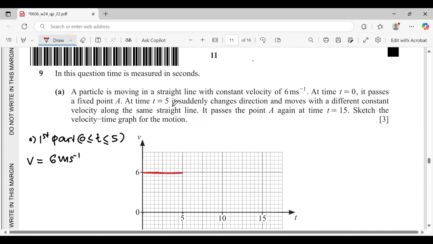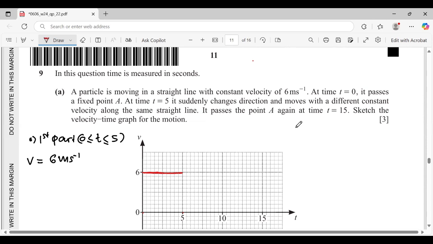And at time t equals 5, it suddenly changes direction and moves with a different constant velocity along the same straight line. It passes the point A again at time t equals 15.